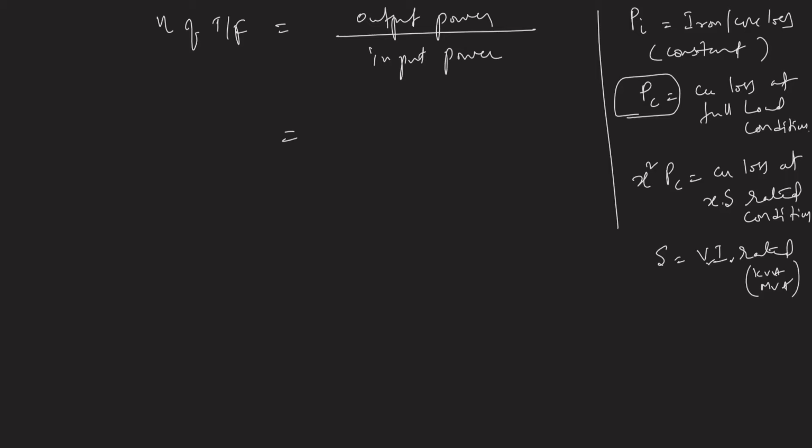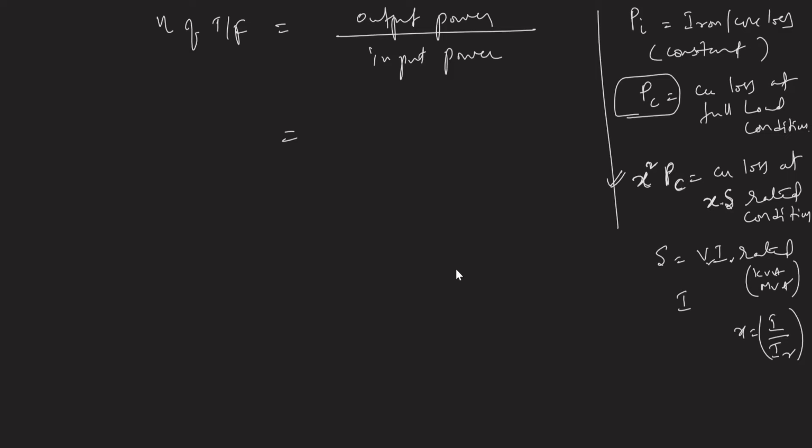And X is the percentage loading. Percentage loading means the current loading. X is actually the actual current by the rated current. Okay, so at this percentage of loading of the transformer, the copper loss will be X square times the actual copper loss at full load.